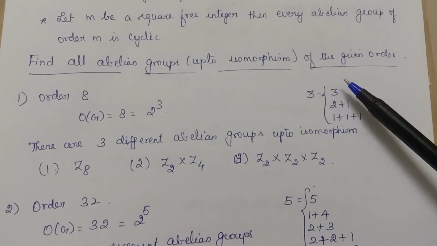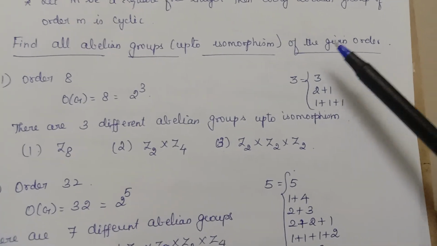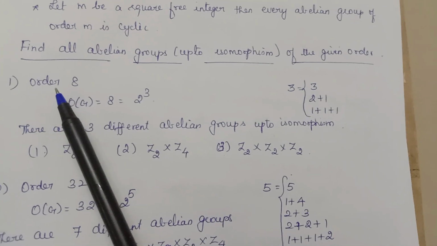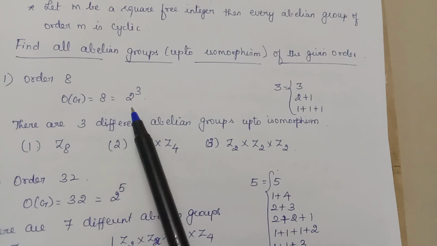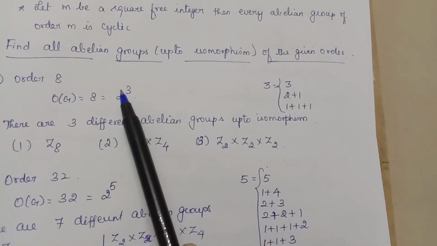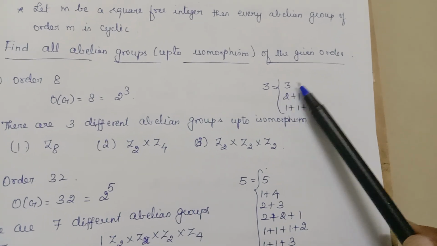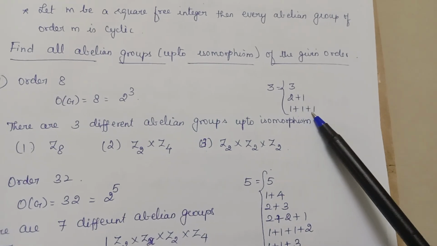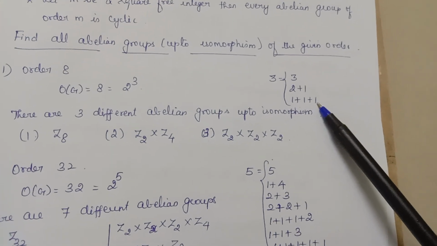Okay. Now let's see the abelian groups up to isomorphism of given order. Find the abelian groups of order 8 up to isomorphism. First, 8 is equal to 2 power 3, no? So write the partitions for 3. What are the partitions? 3, 2 plus 1, 1 plus 1 plus 1. So there will be 3 abelian groups up to isomorphism.